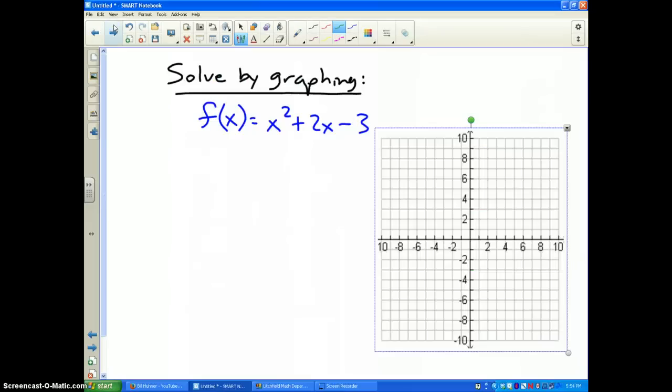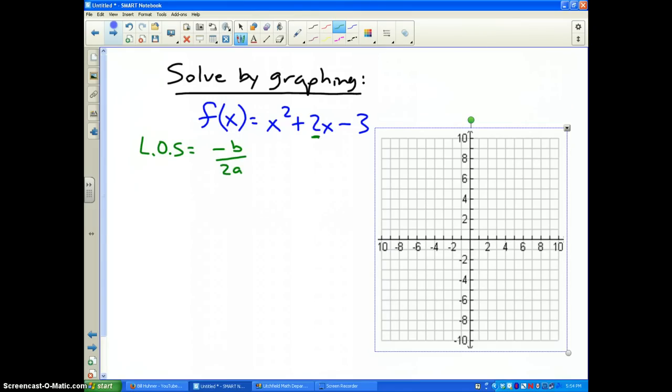Now, let's use information from prior slides and information from what I just shared with you to graph x squared plus 2x minus 3. First thing we need to find is the line of symmetry. And if you remember, that's negative b over 2a.